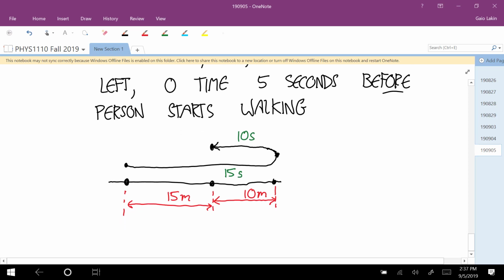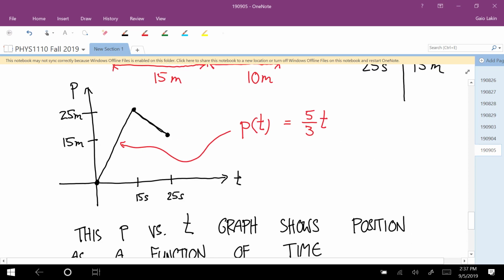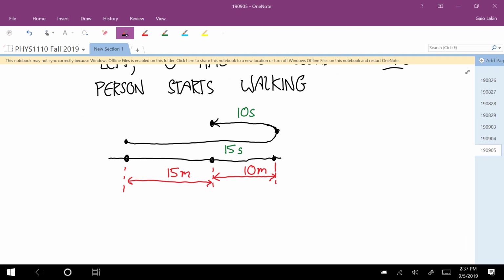So where's the zero position on this one? Whenever the person is at the fire hydrant, the person's position is zero. And which way is positive? This time positive is to the left. And so now we can label these two other important spots.